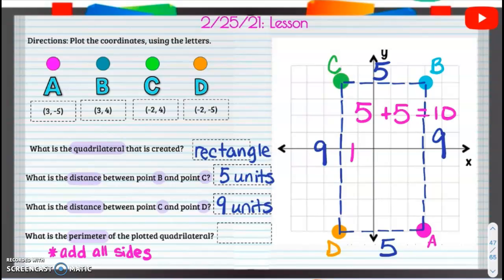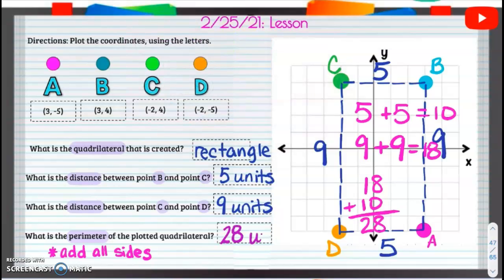And then I have 9 plus 9, which equals 18. 18 plus 10 is 28. So I got 28. Hopefully you guys get 28. Perimeter is just units: 28 units.